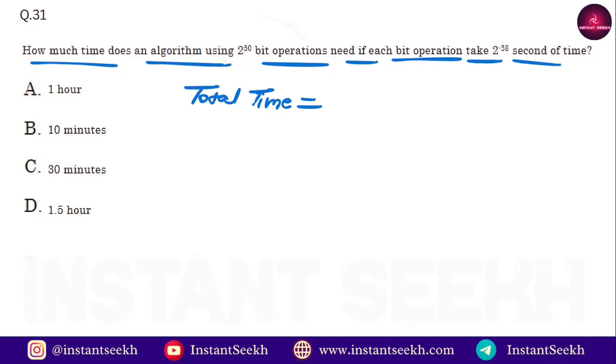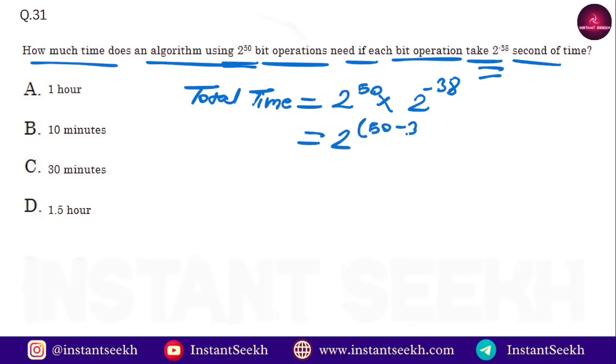The number of bit operations is 2 raised to 50, multiplied by the time per bit operation, which is given as 2 raised to minus 38. If you evaluate this, it will be 2 raised to 50 minus 38, that is 2 raised to 12.